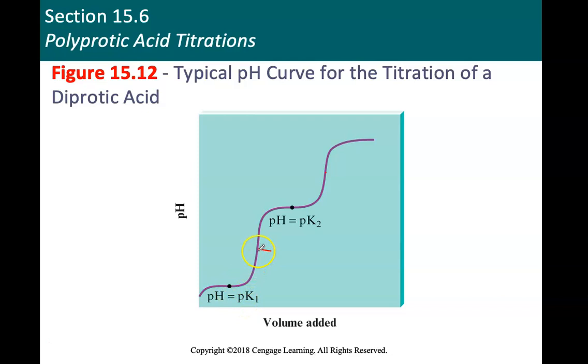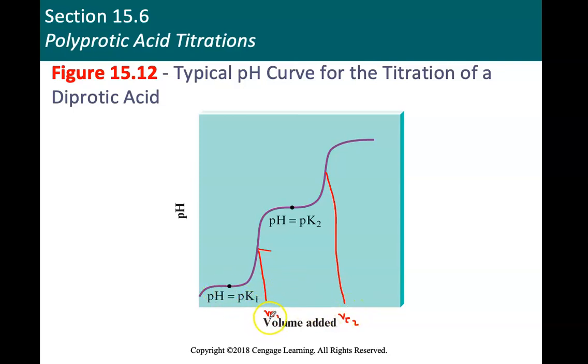So this value here is VE1, and this one here is VE2, the equivalence point volume 1 and equivalence point volume 2.